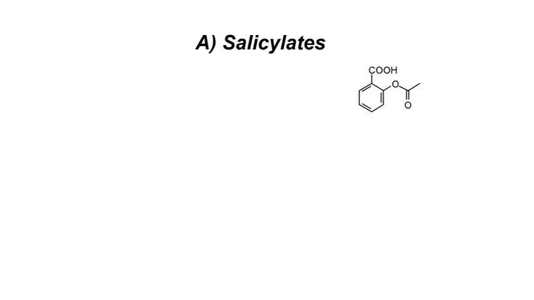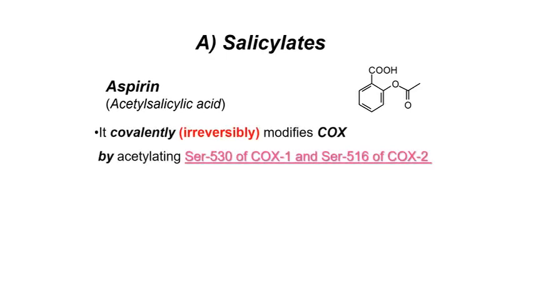Salicylate has a prototype that is acetyl salicylic acid, aspirin. Aspirin interacts irreversibly with COX by covalent interaction at the level of serine 530 in COX-1 and at the level of serine 516 in COX-2.